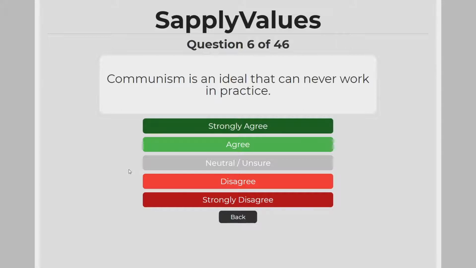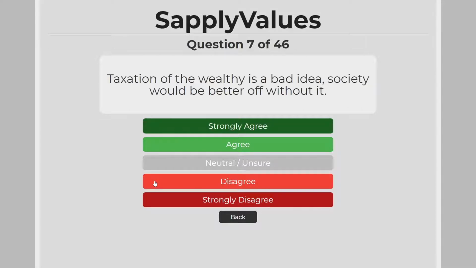So I will say disagree, because communism is a very new thing in the grand scheme of things. It might actually work in some cases, so I'll go with a disagree here.